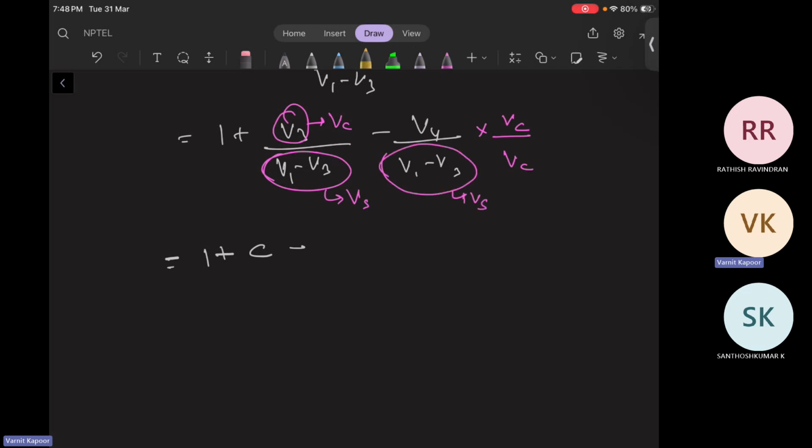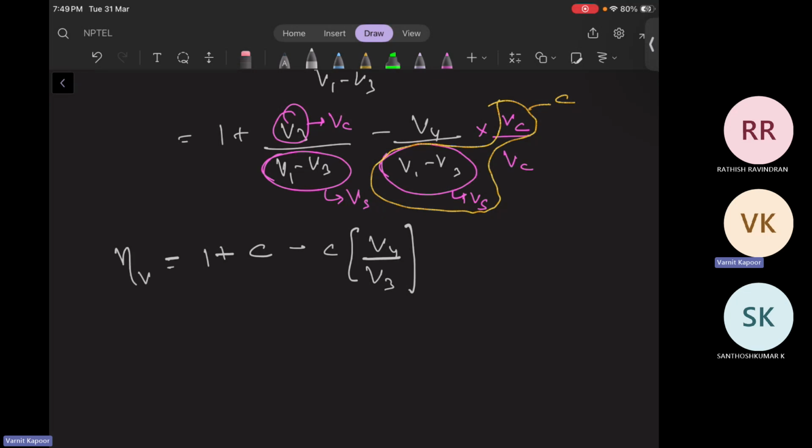So this will be the clearance ratio C, minus C times V4 by Vc, and Vc is nothing but your V3. So this is your volumetric efficiency formula.